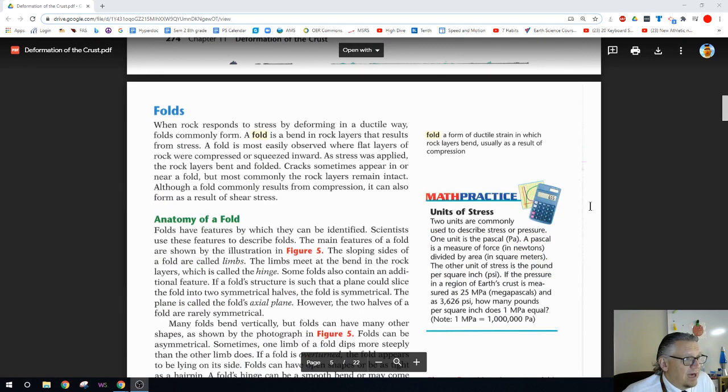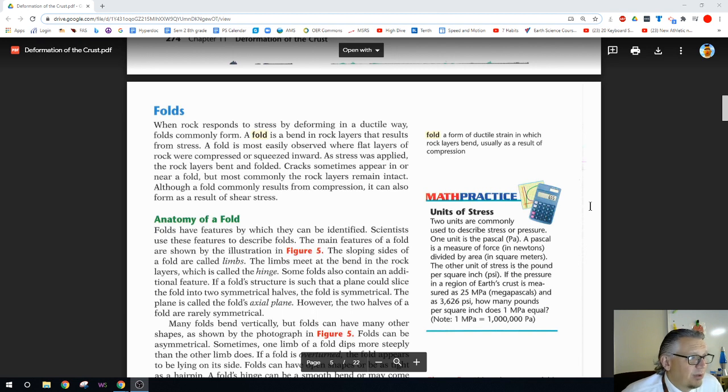Folds. When rocks respond to stress by deforming in a ductile way, folds commonly form. A fold is a bend in a rock layer that results from stress. A fold is most easily observed where flat layers of rock are compressed or squeezed inward.